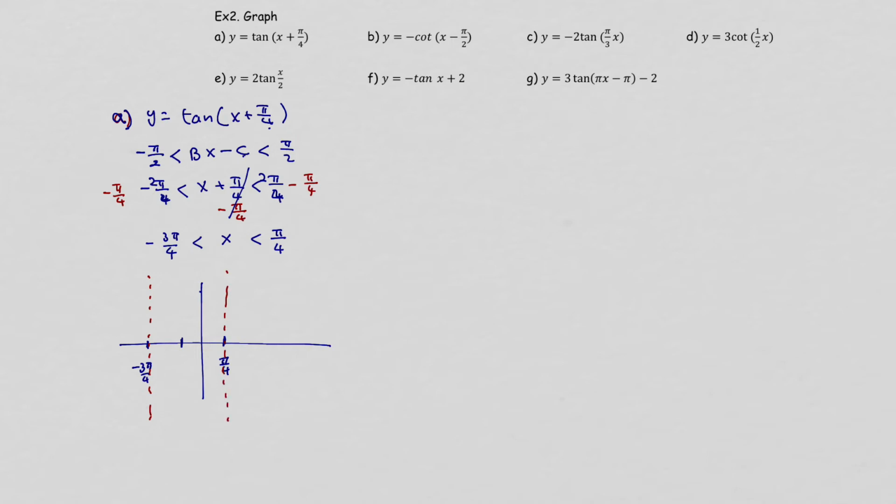And another one is going to be, let's see, right here, pi over 4 plus pi gives you 5 pi over 4. So that will be another vertical asymptote. So the point in the middle of those two is going to be another x-intercept, right?